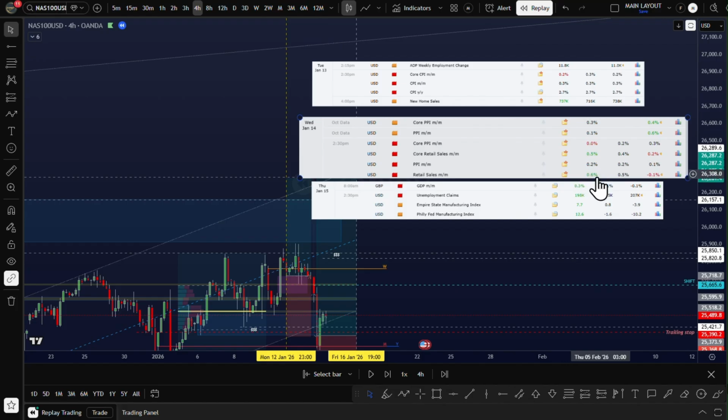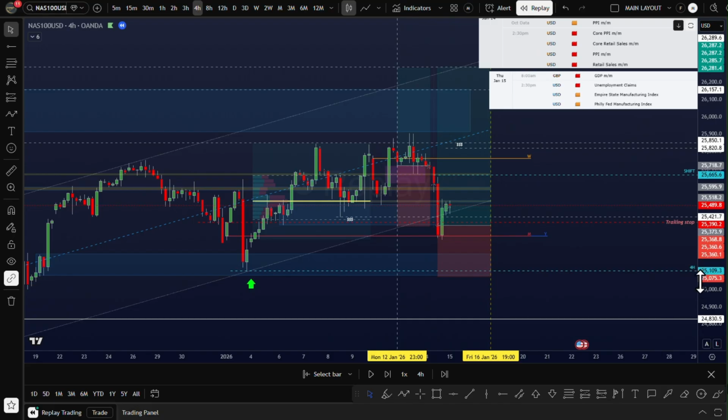We also have unemployment claims, which came out lower than expected, also good for businesses. Remember, the last NFP numbers about unemployment last week were also good. So we have lower unemployment and lower unemployment claims. With all those data, I'm very bullish on Nasdaq.